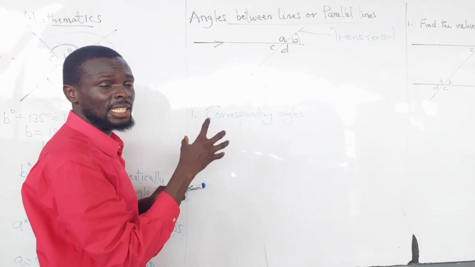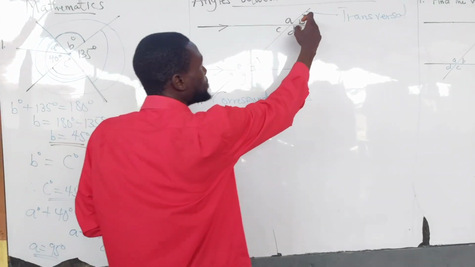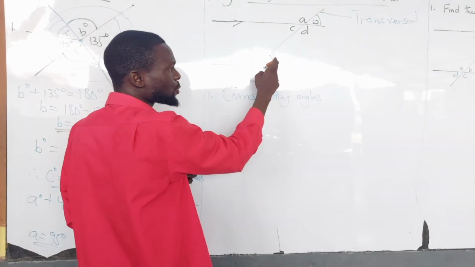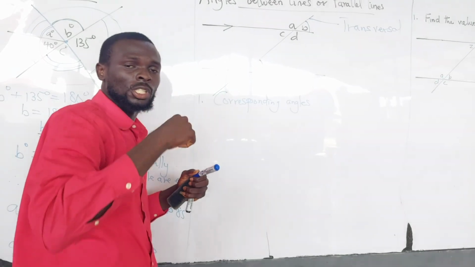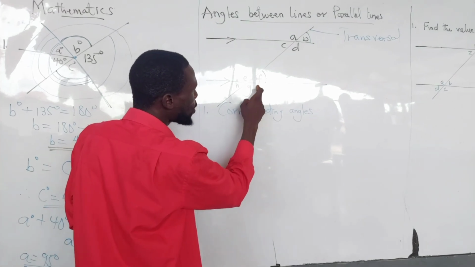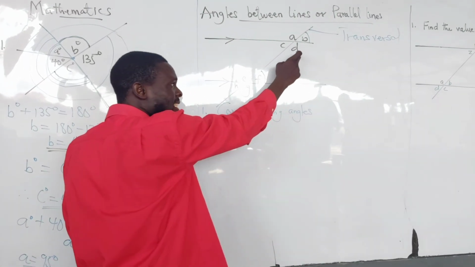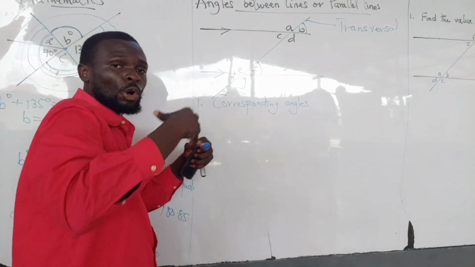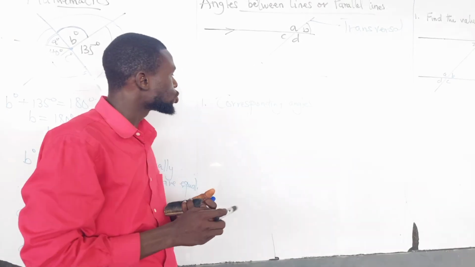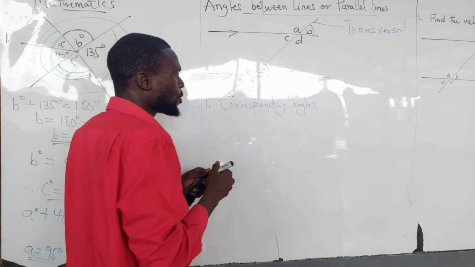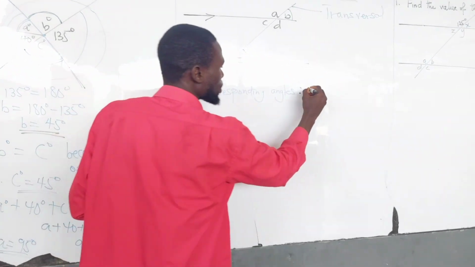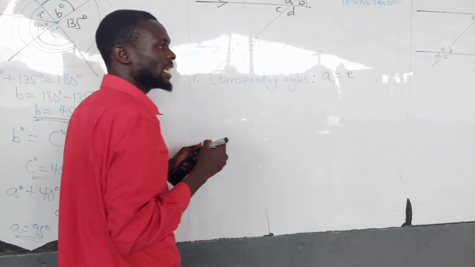So on this diagram, we can see that B corresponds to F. Looking at the position of the angle, we can also see that G corresponds to D. So this angle and this angle, they correspond, and corresponding angles are equal. So we can say that with the corresponding angles, A is equal to E.